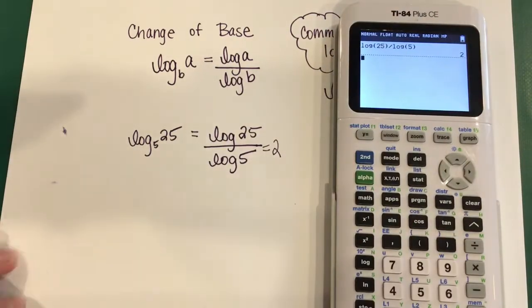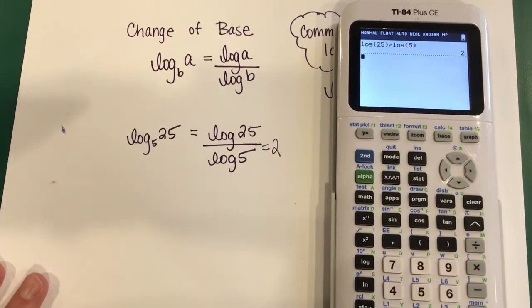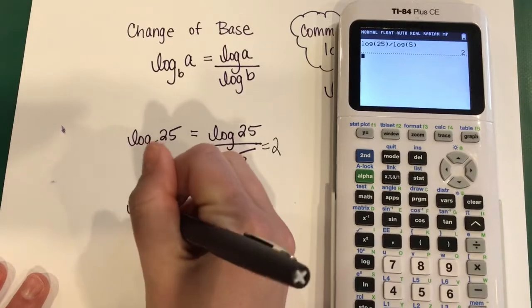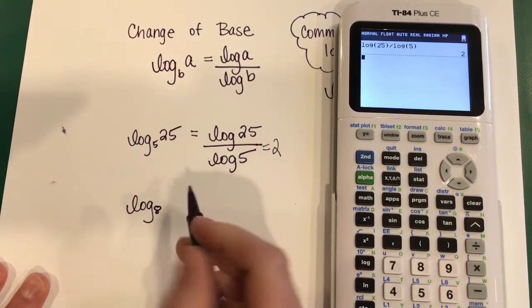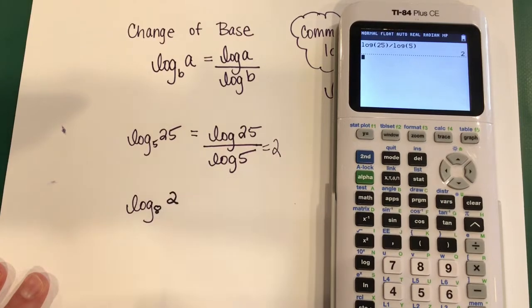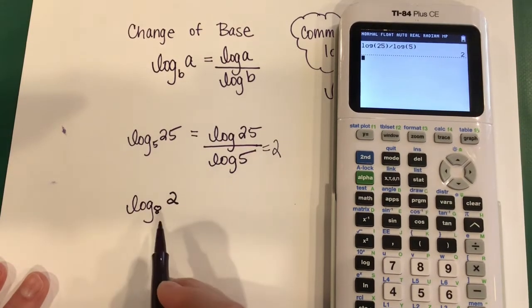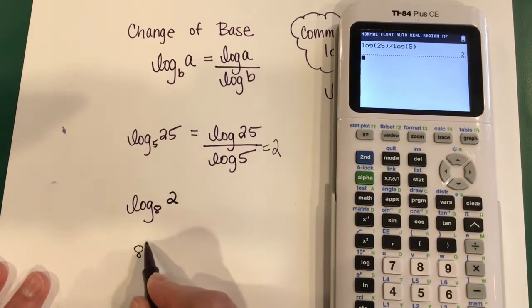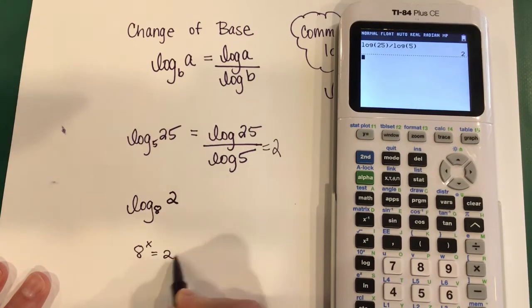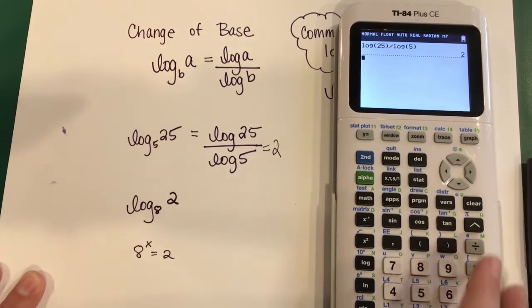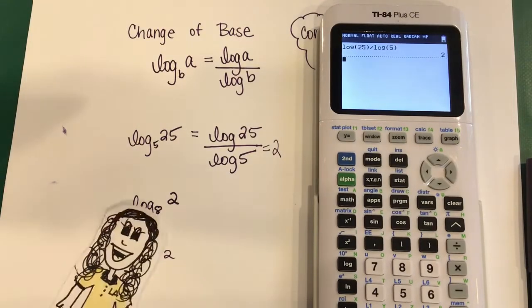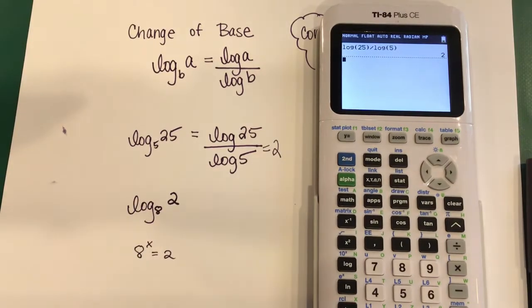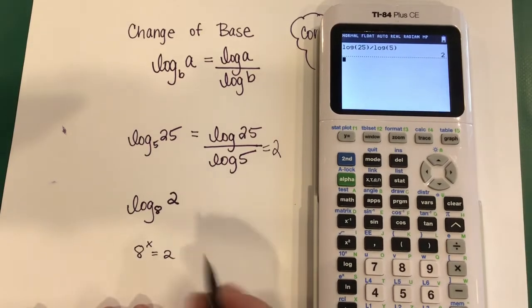Now, this comes in handy, especially when it comes to some that are a little more complicated. So, if I gave you guys log base 8 of 2, well, we know this is 8 to what power equals 2. Now, 4, it's 4. Well, let's check and see.